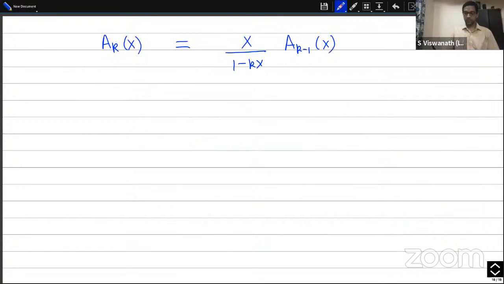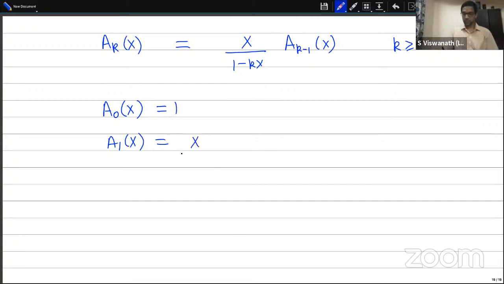Now you can see that this is like a recurrence relation again. So this is for k at least 1, and I know that A_0 is 1. So now I'm ready to look at what all the things look like. A_0 is 1. A_1(x), I use this relation on top.